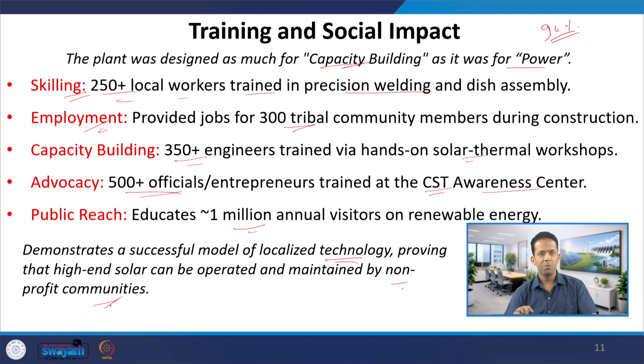The investment came from the public and private sector along with ministries from both countries, India and Germany, but the initiative was taken by a non-profit organization, and now it is operated and maintained by non-profit communities, developing employment for the local region and providing heat, power and steam for local consumption. So it has worked as a very good model for power generation as well as for capacity building, having a huge training and social impact.